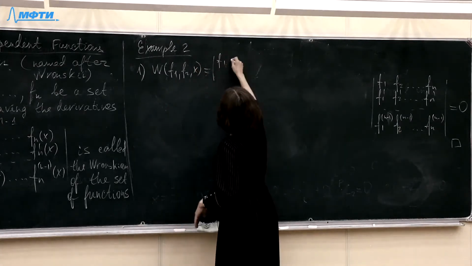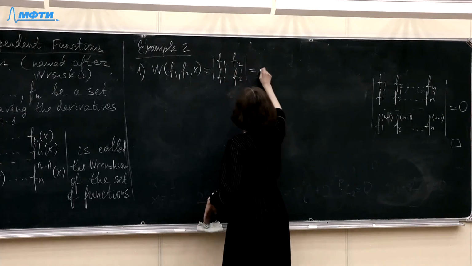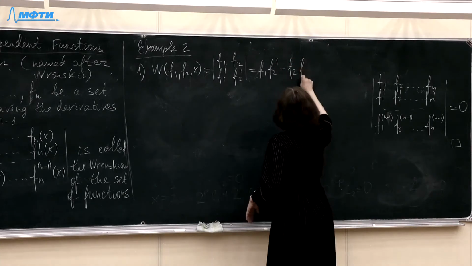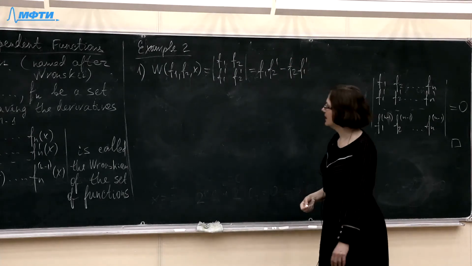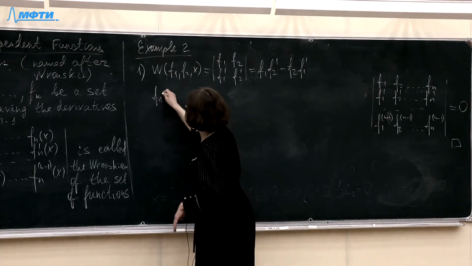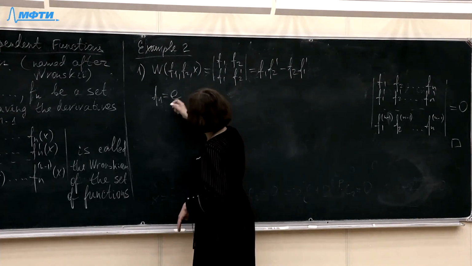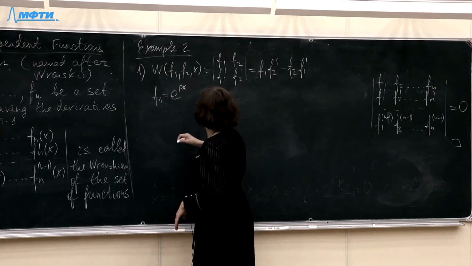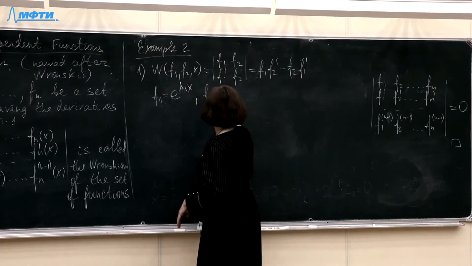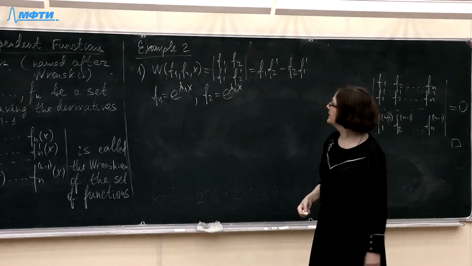It will be the determinant with rows f1, f2 and f1 prime, f2 prime, and it is equal to f1 f2 prime minus f2 f1 prime. Let's use the theory of Wronskians to check that the functions f1 equals e to the power lambda 1 x and f2 equals e to lambda 2 x are linearly independent on R.